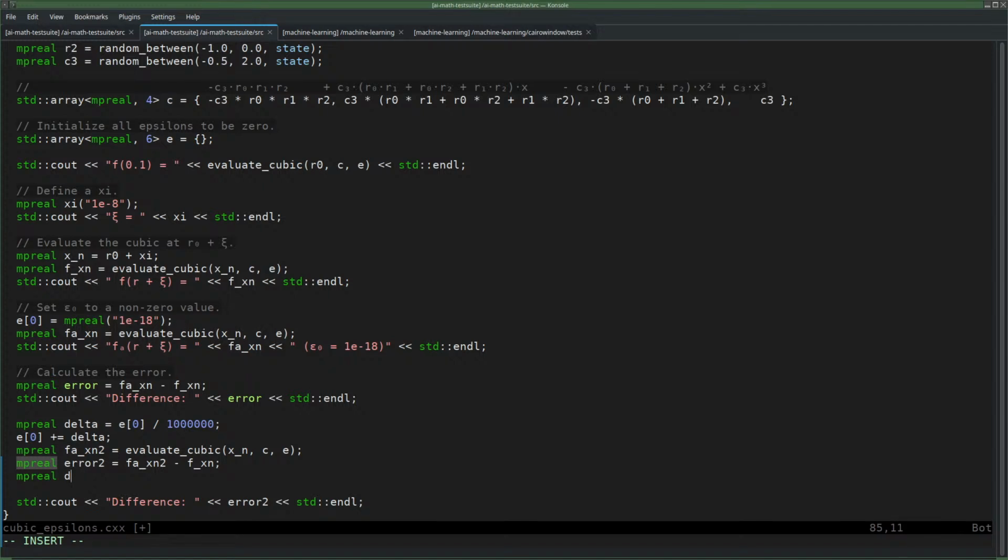And this is df d epsilon 0, which can be calculated as the difference between the error values divided by delta, right?